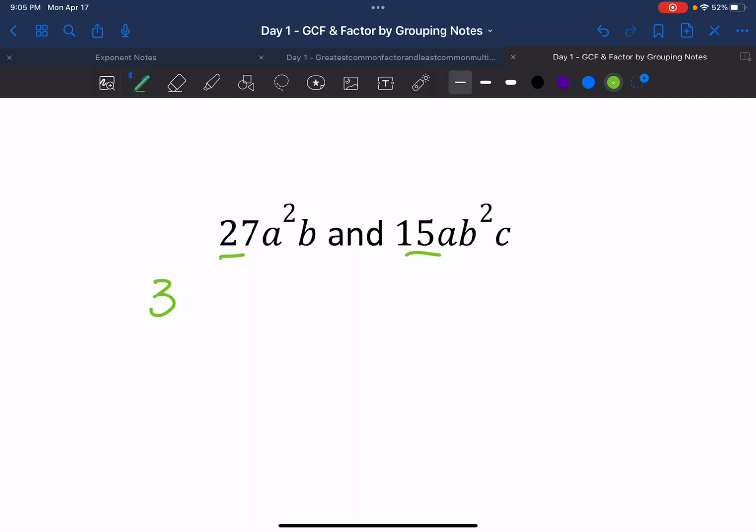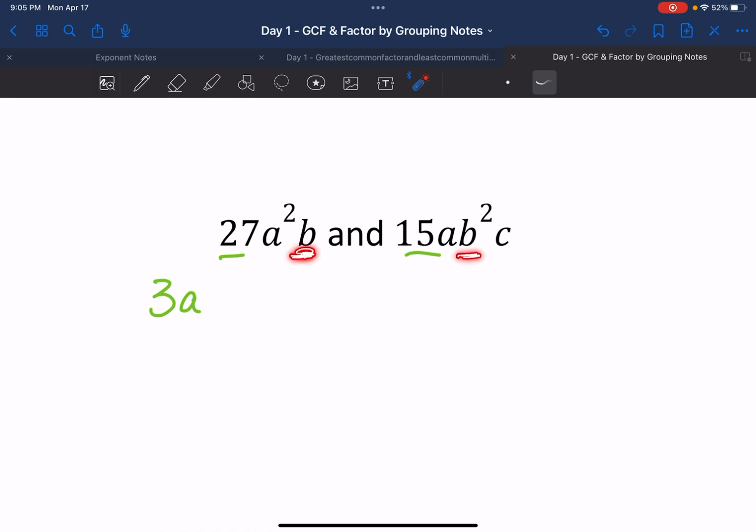Now I'm going to look at my letters. In 27a squared b, I have 2 a's, but I only have 1 over here. So I can only take 1 as the greatest common factor, okay? Then I'm going to compare my b's. This has 1, this has 2.